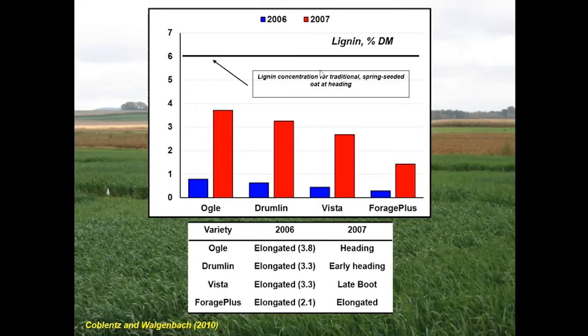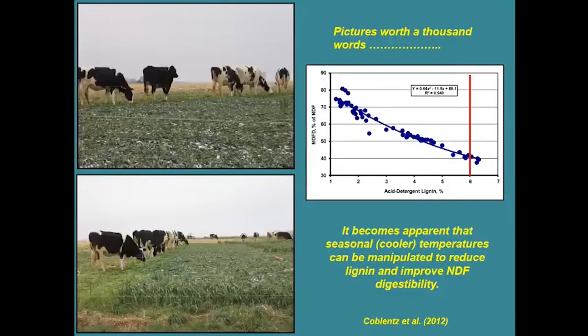And I've drawn a black line there to illustrate that. The concentration of lignin in these harvested oat forages in the fall is far lower than that. And in some cases, it's down less than 20% of what you might expect. And so that has some interesting applications in terms of dairy nutrition.